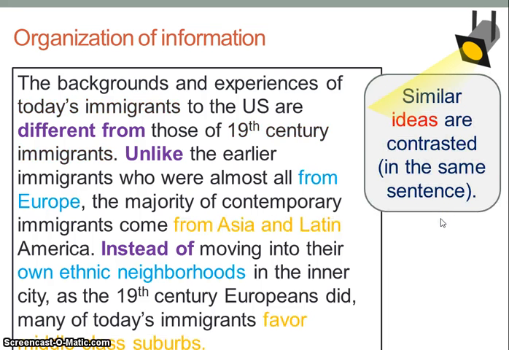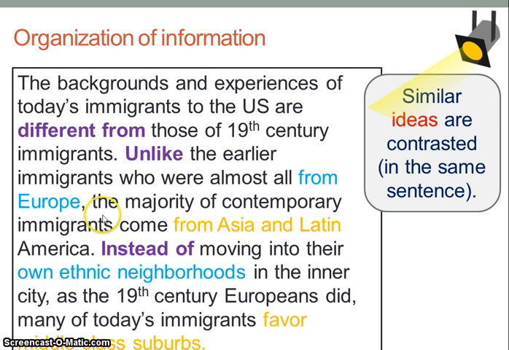Sometimes we can see that it's organized in a different way. Let's take a look at this. The backgrounds and experiences of today's immigrants to the U.S. are different from those of the 19th century immigrants. Unlike the earlier immigrants who were all from Europe, the majority of contemporary immigrants come from Asia and Latin America.